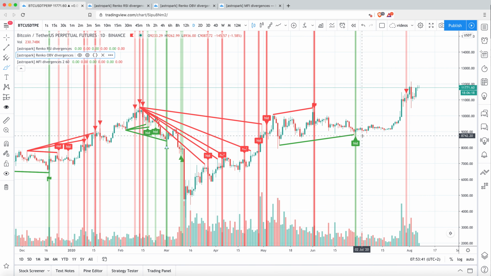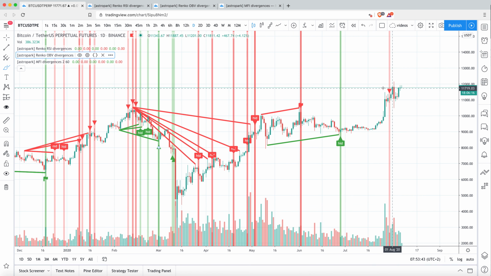And that's it. Here we are starting to have some bearish divergence, but as soon as you see a new high, usually the divergence is not valid anymore.